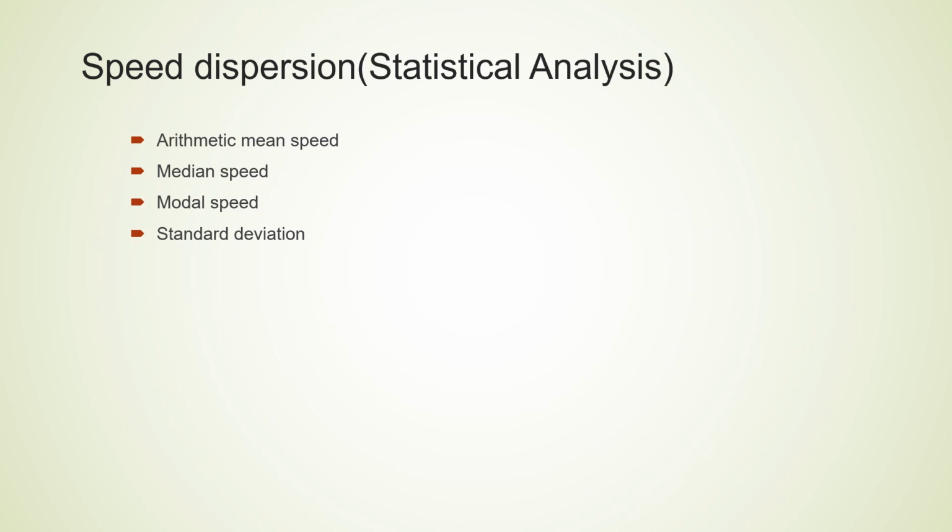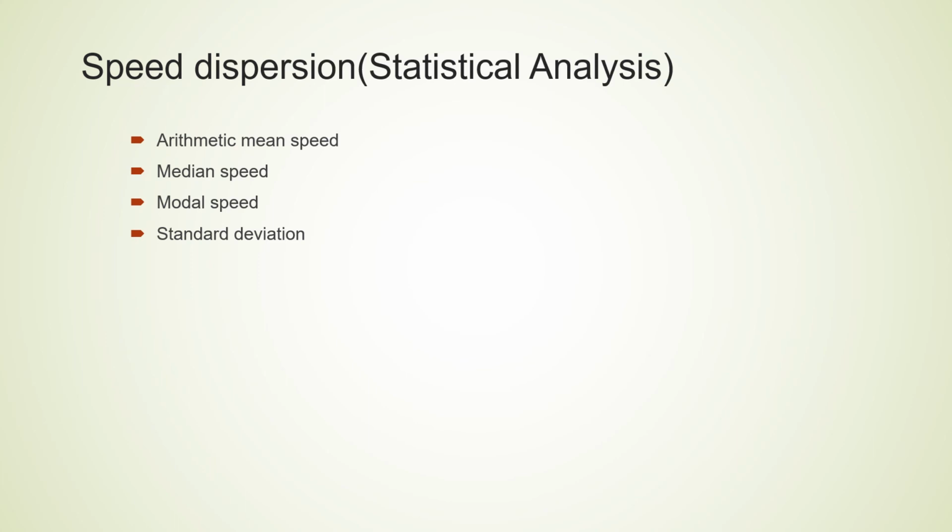The next way by which we can present the data is by the method of statistical analysis. The basic frequency table analysis that you do in your plus 2 mathematics all comes under statistical analysis. So in that we can see the terms related to speed studies.